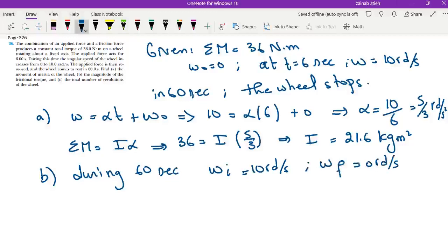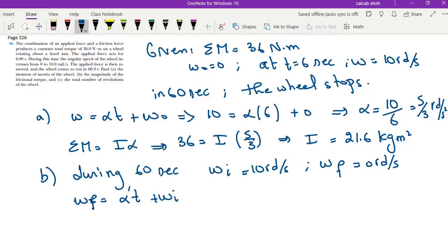We finished at rest. So for this new motion, which is the second part of the experiment, I can find the new angular acceleration. Omega final equals alpha t plus omega initial. I will call it alpha prime because the experiment is divided into two parts.